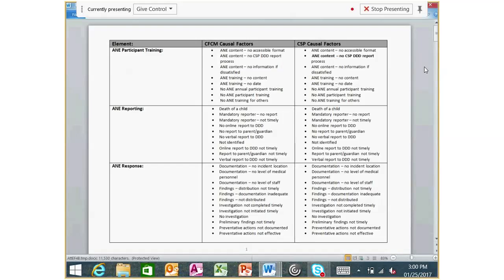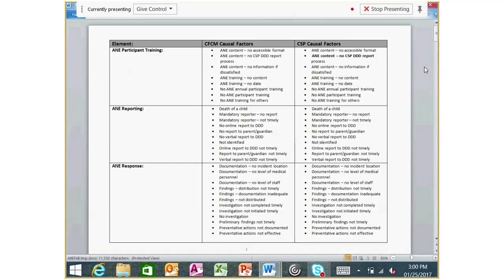And to kind of jump off of what Sam said, the CSP portion of SMART Review will really be heavy on the implementation side of the services and supports outlined in the ISP.